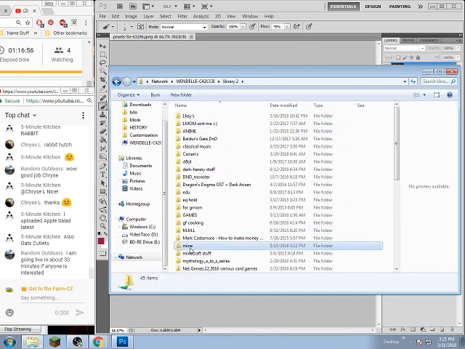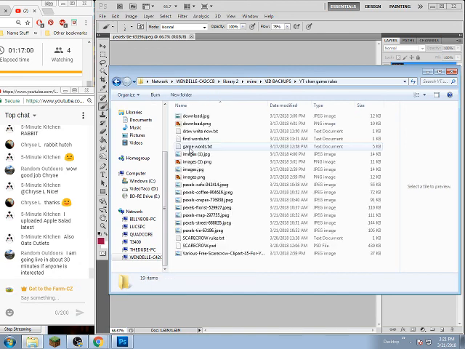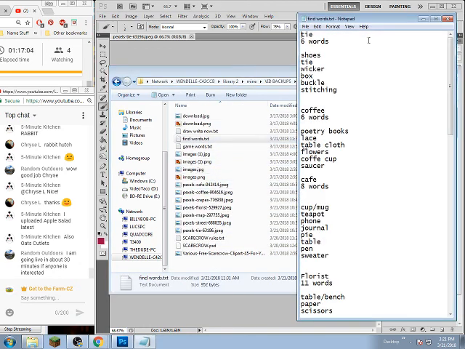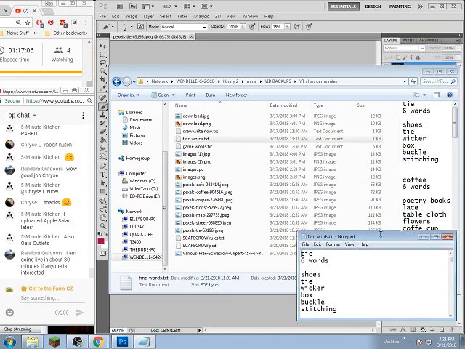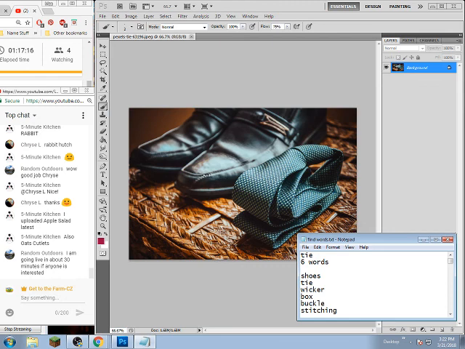Quick glimpse of my computer as I flash through. See? And then in this one we would have found things. I don't know what the 6th one was. Shoes, a tie. Oh, okay, that's why I decided it was 2. It's only 5 words. Aha! Well, I was sitting here trying to remember what it was.